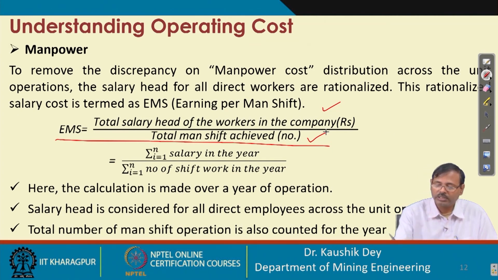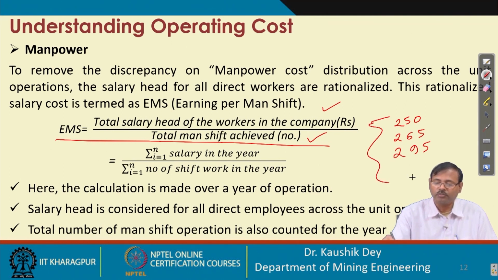So, X has worked for 250 shifts, Y has worked for 265 shifts, Z has worked for 295 shifts. So, we have to go for summation of all these to get the total number of shifts in that particular year.